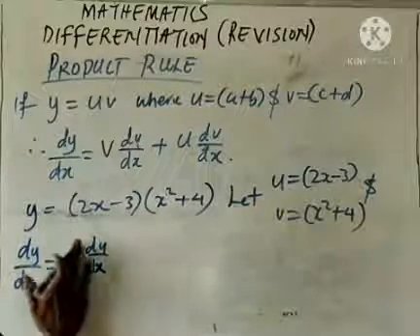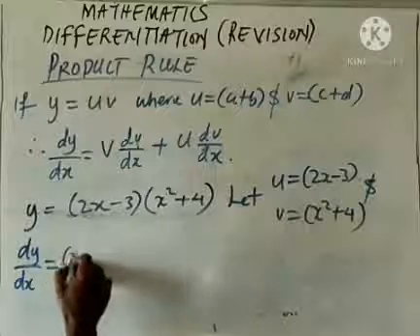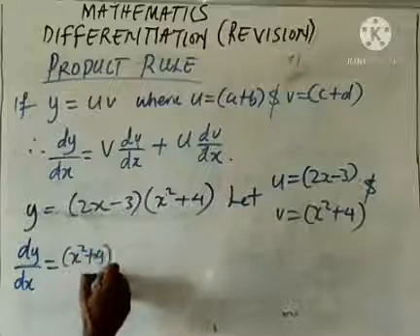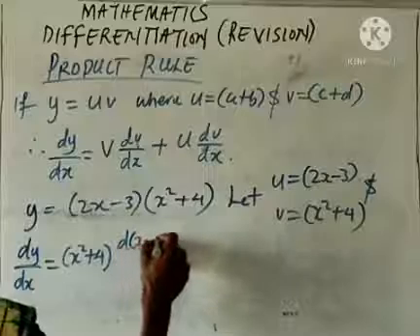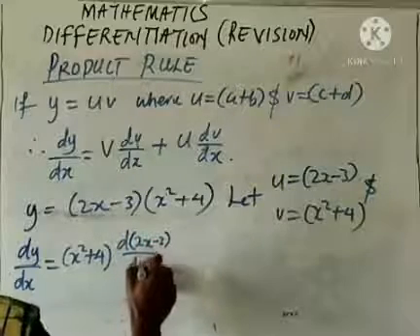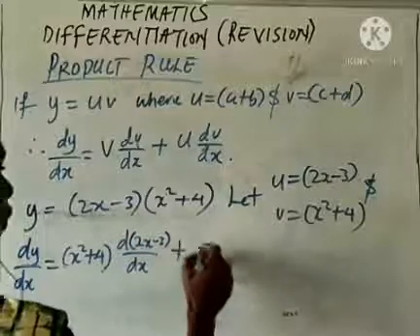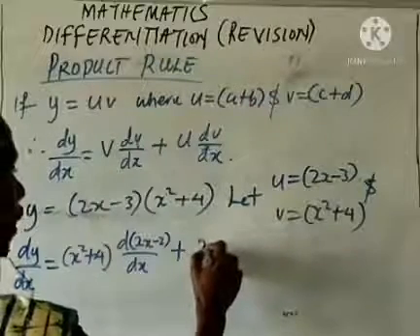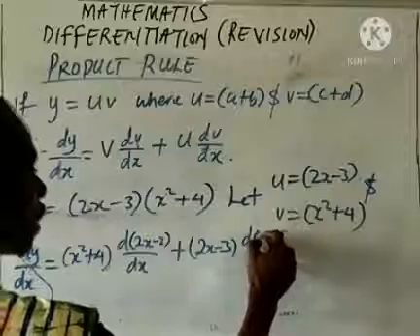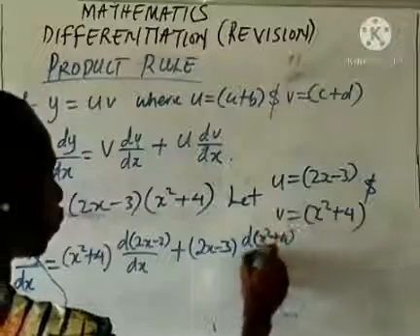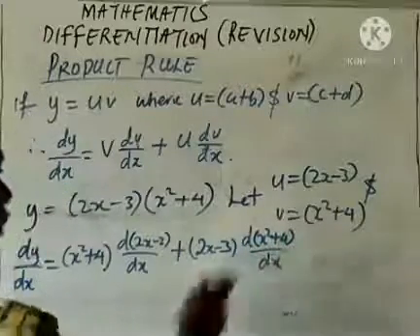What's my v? I'll have v as x squared plus 4 multiplied by the differentiation of 2x minus 3 with respect to x, then plus my u being 2x minus 3 multiplied by the differentiation of x squared plus 4 with respect to x. That's my dv.